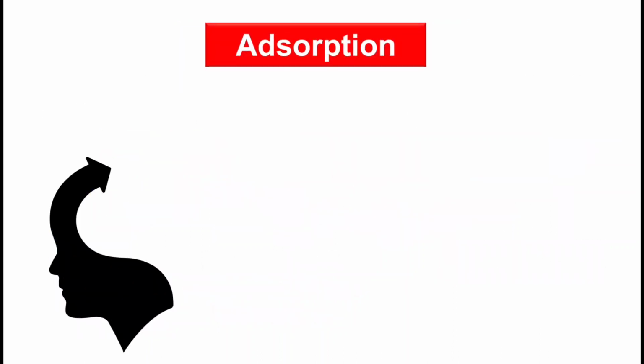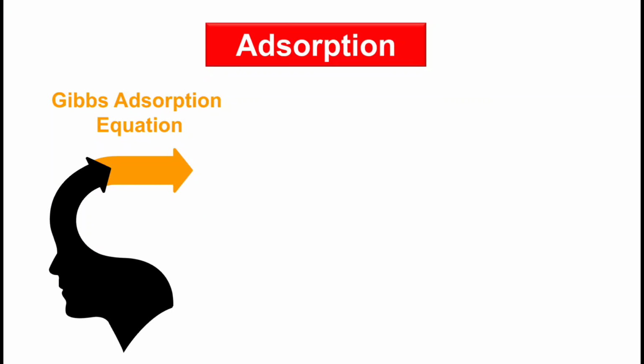Next we have the adsorption concept. Here you might have come across adsorbate, adsorbent and so on. In this, the Gibbs adsorption equation, and you need to read how the pressure of adsorbates affects the extent of adsorption and how it is also affected by the temperature of the gases.